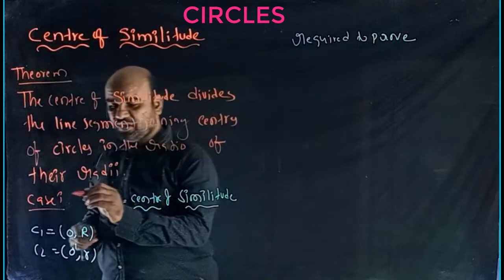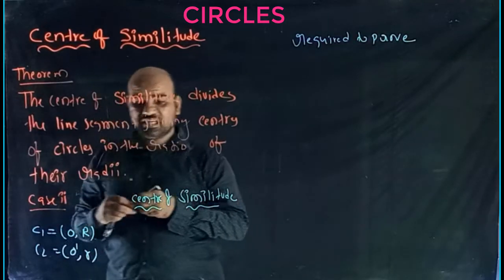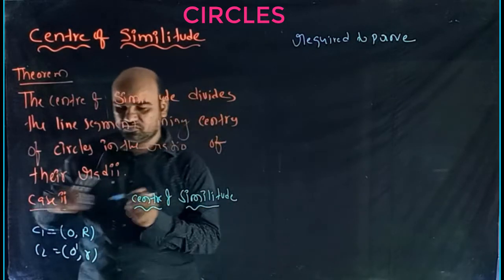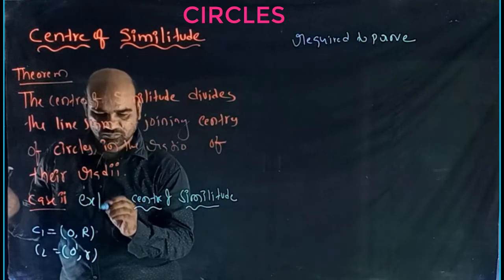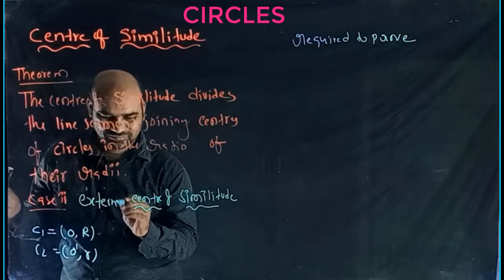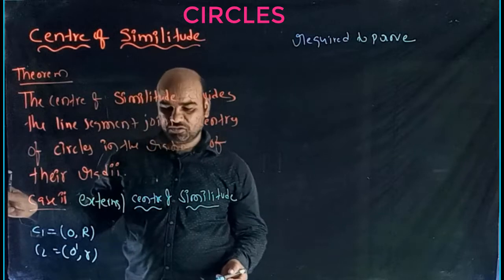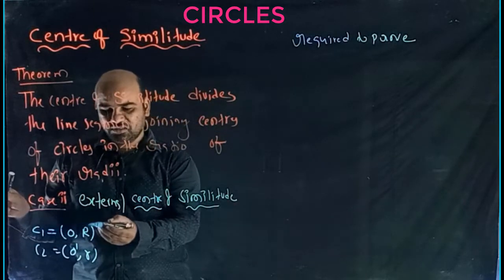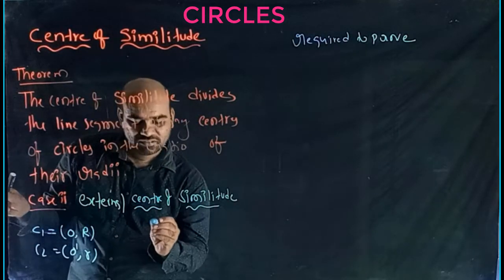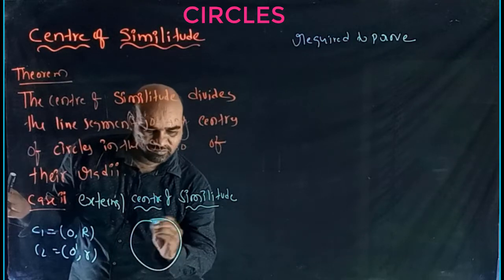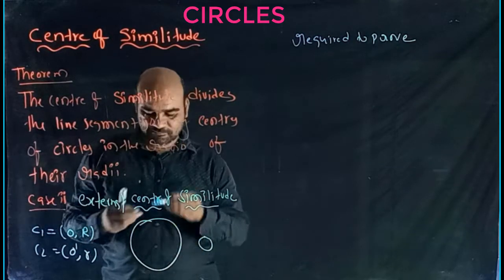Students, I am taking the second case, the external center of similitude. Same circles, radii capital R and small r. So this is the first circle, this is the second circle.